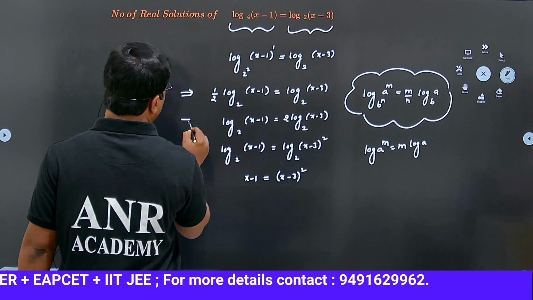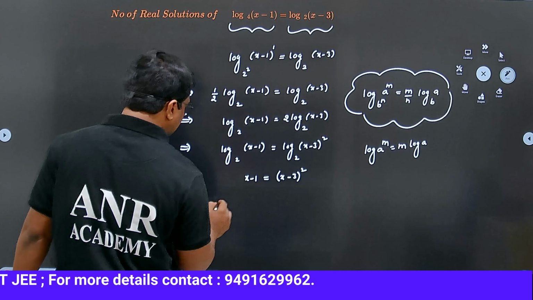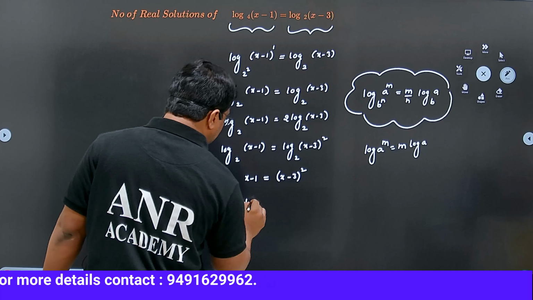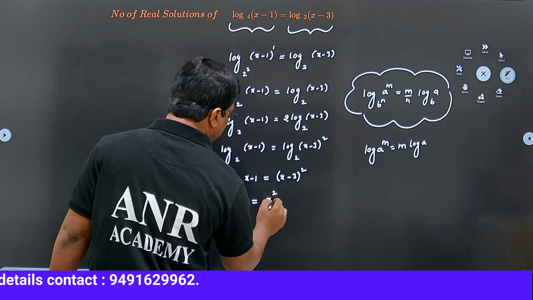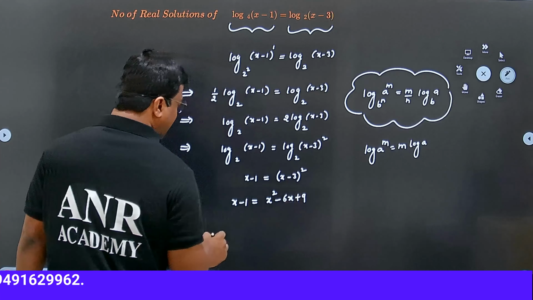On simplification, you get the value of x. See, this is x minus 1, and in the right part it is x square minus 6x plus 9.